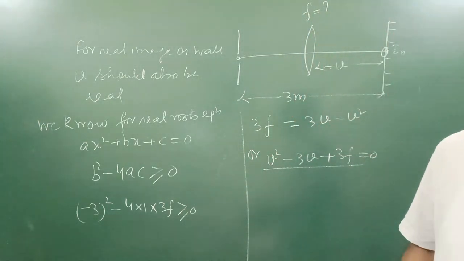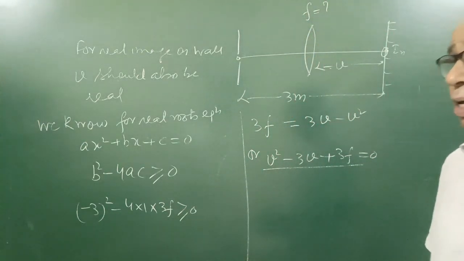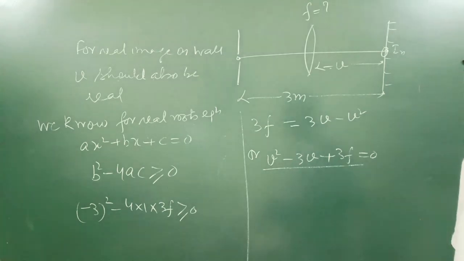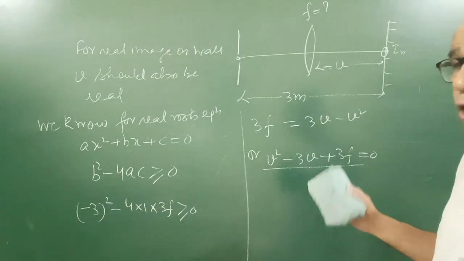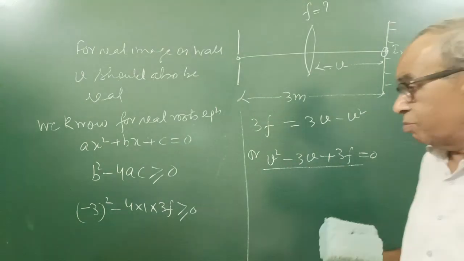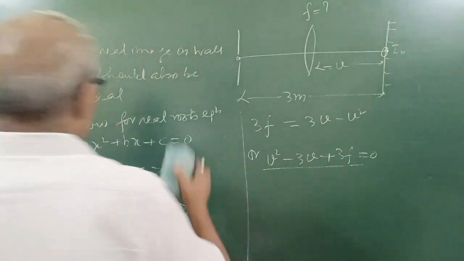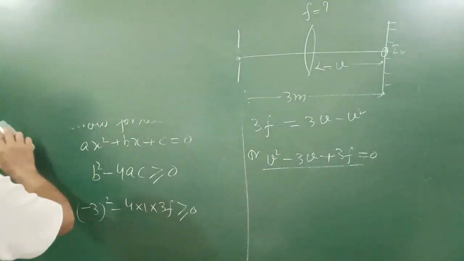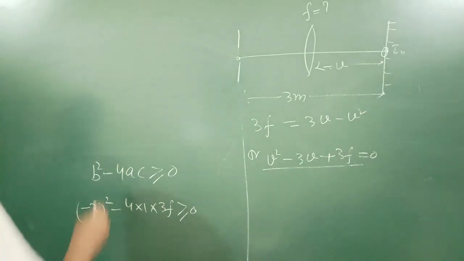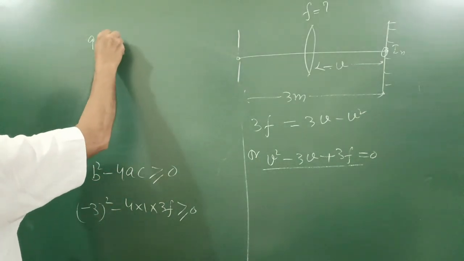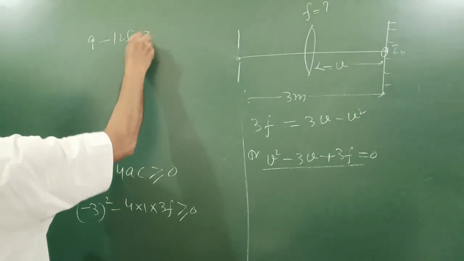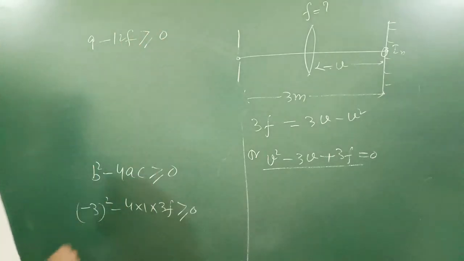Actually the thing has been explained another way, and I myself could not understand what they are saying. This is the simplest solution. Now listen carefully what happens here. It is 9 minus 12F greater than or equal to 0.